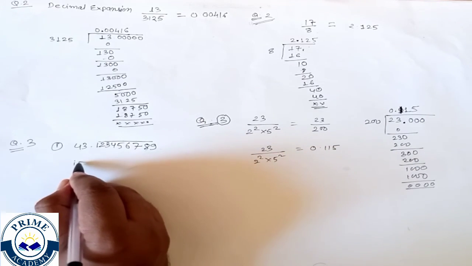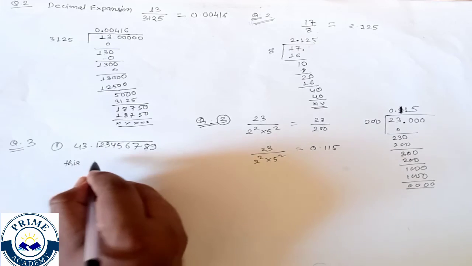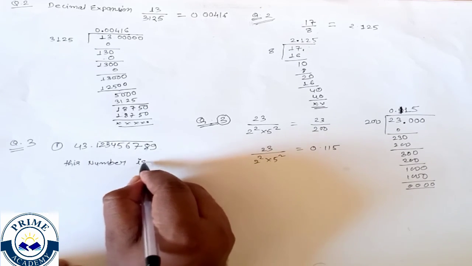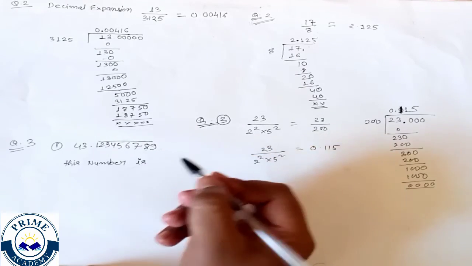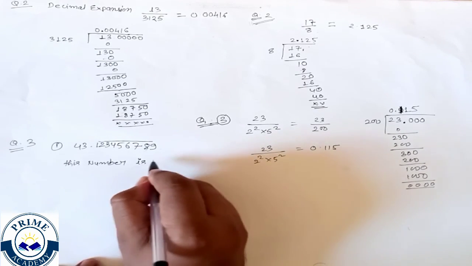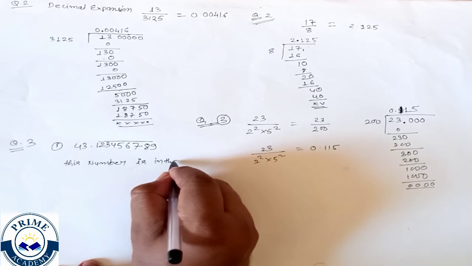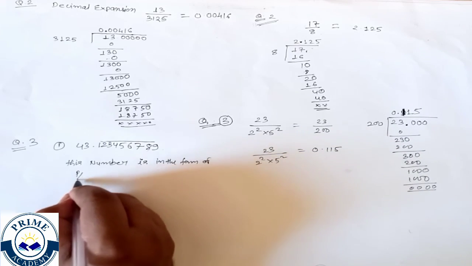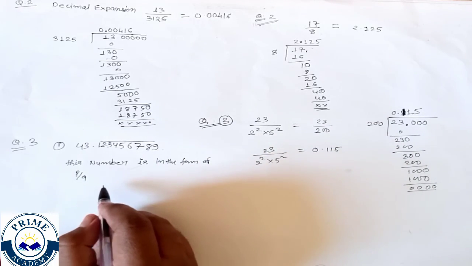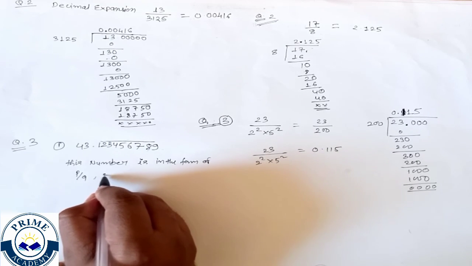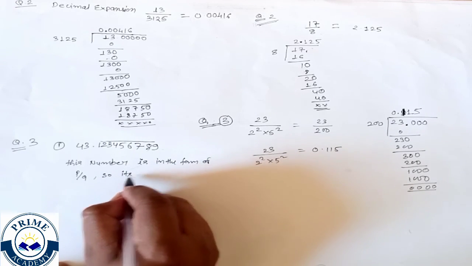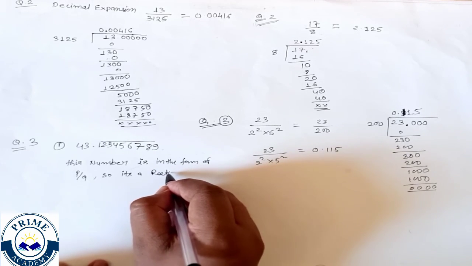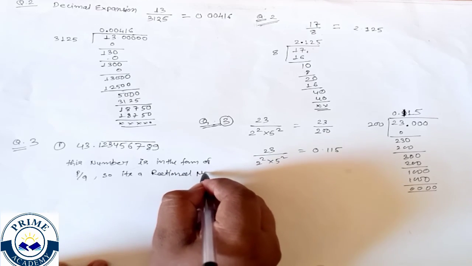So this number is in the form of p by q.